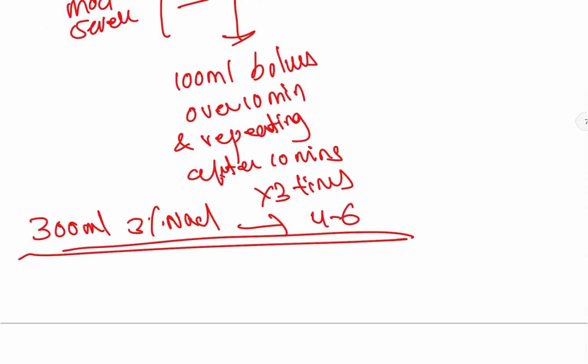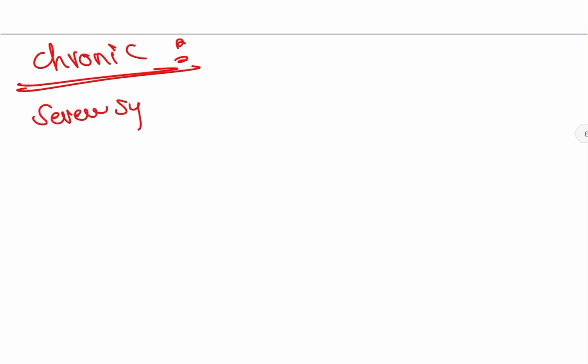Now, chronic hyponatremia. Chronic hyponatremia is when the patient presents after 48 hours, or when the patient is acutely treated for hyponatremia and then reviewed after 48 hours. Now, if the patient has severe symptoms, that is, seizure or impending cerebral herniation, then again treat like acute hyponatremia. That is, give 3% NaCl 100 ml boluses 3 times.